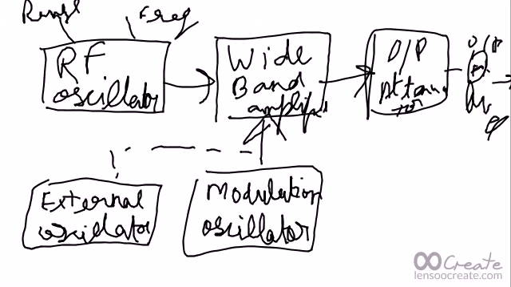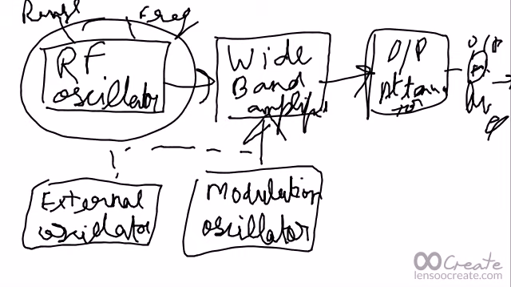So our carrier frequency is generated by this RF oscillator. Our carrier frequency is generated by a very stable RF oscillator, and it uses an LC tank circuit, and it has a constant output over any frequency range.